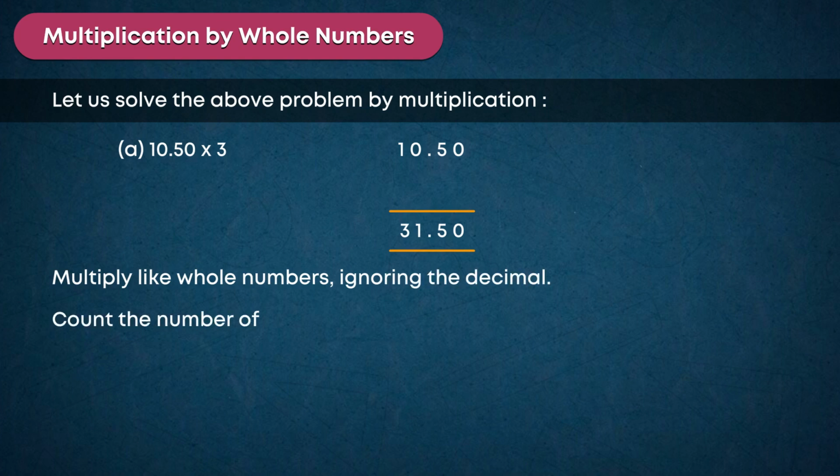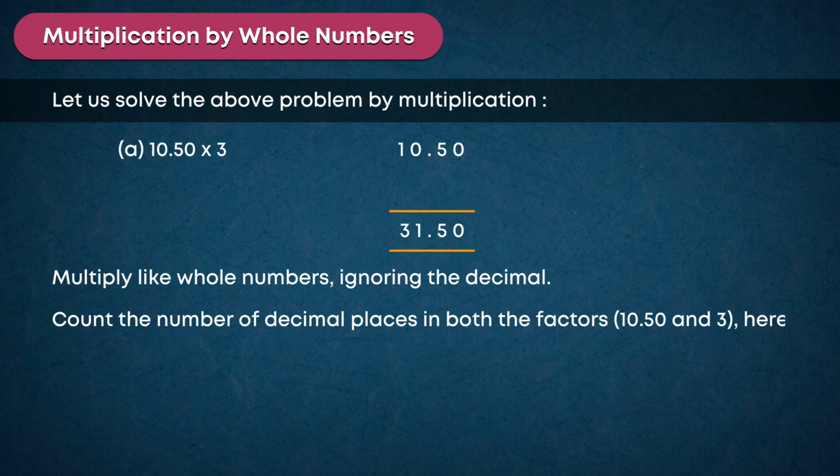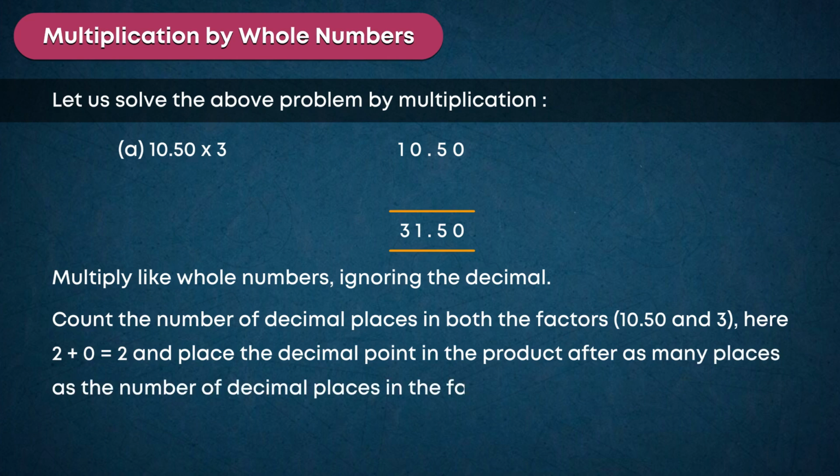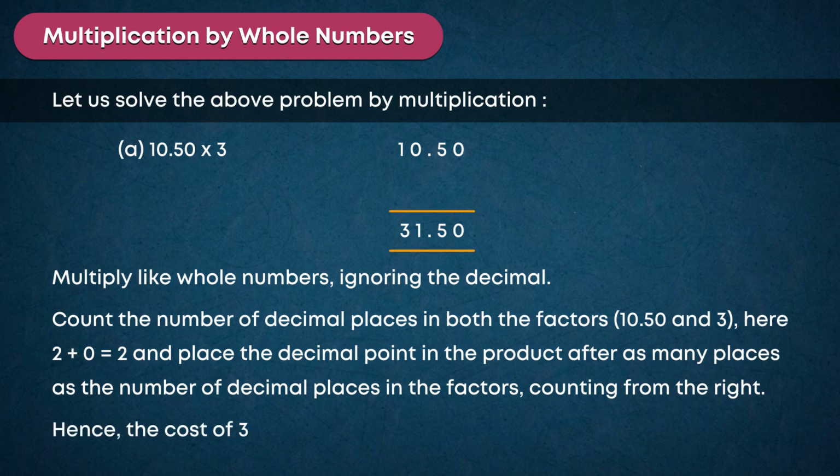Count the number of decimal places in both the factors 10.50 and 3. Here, 2 plus 0 is equal to 2. And place the decimal point in the product after as many places as the number of decimal places in the factors, counting from the right. Hence, the cost of 3 pens is 31 rupees and 50 paise.